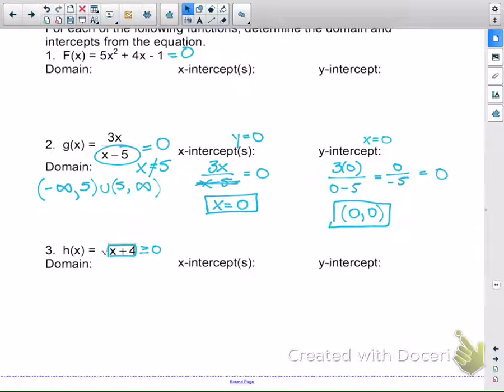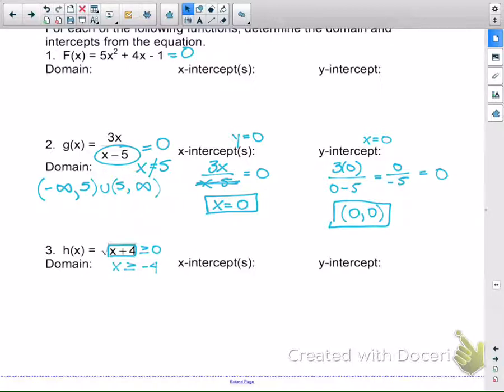So this is going to tell me what my x's have to be. If I'm ignoring the square root right now, I'm just setting what's underneath greater than or equal to 0. If I solve that for x, what's that going to give me? X is greater than or equal to what? Negative 4. In other words, if I plug in negative 4 to that, it's going to give me 0. That's okay.